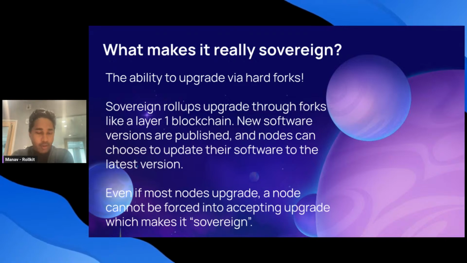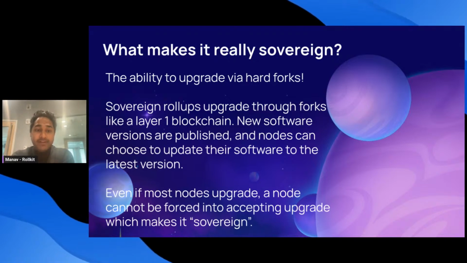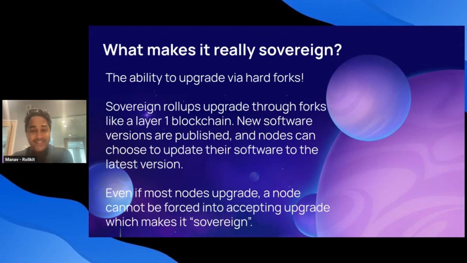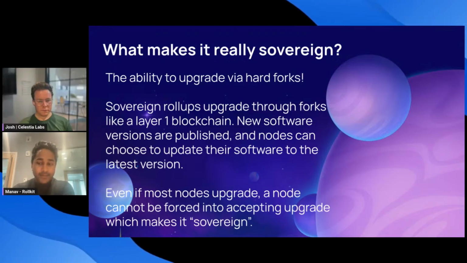But a sovereign rollup has the ability to upgrade via hard fork, just like a layer 1 blockchain. And even if most nodes upgrade, a node cannot be forced into accepting an upgrade, which is what makes it sovereign.